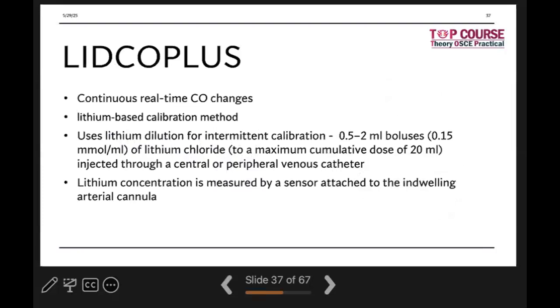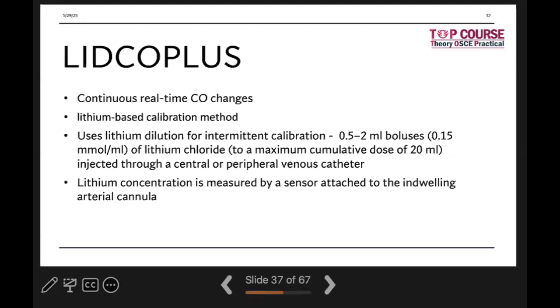With respect to LiDCO, it is a lithium dilution technique. That is how the name originated. LiDCO plus uses transpulmonary dilution plus pulse power analysis. There are other newer versions called LiDCO Rapid, which is one of the uncalibrated systems.